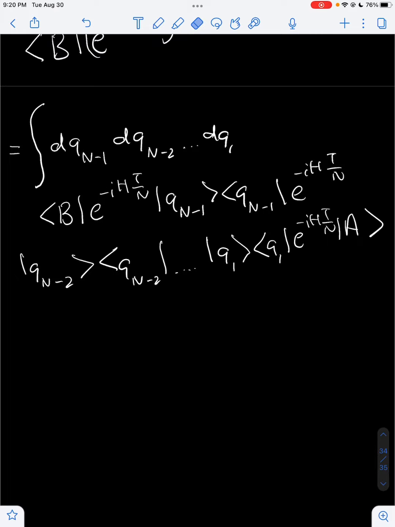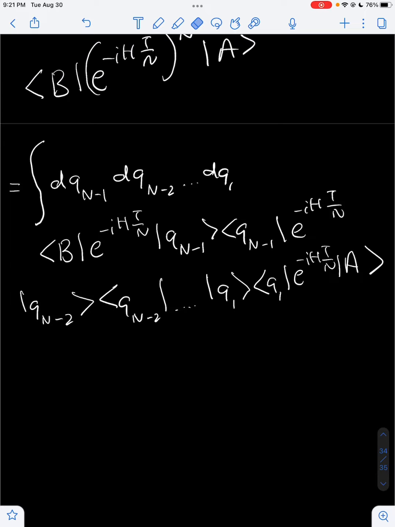So here's a general statement, all right? And we just used our completeness relations a bunch of times. And you might be wondering, why do we start off with n minus 1? That just comes back to what I was saying before, that remember that we time evolved the last a, right? This is time evolving this a ket, right?